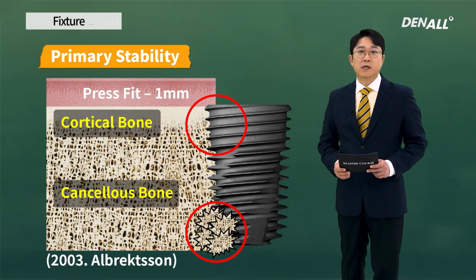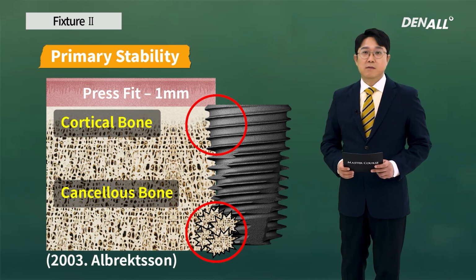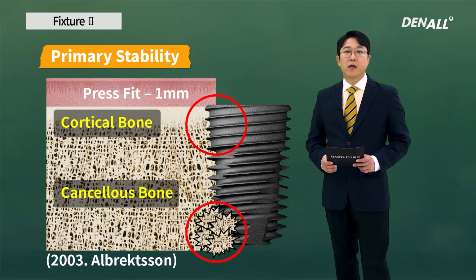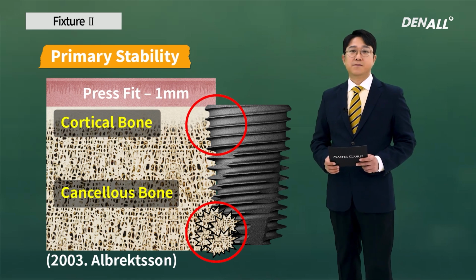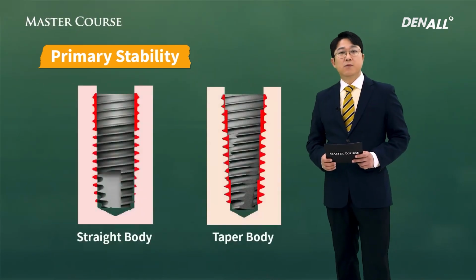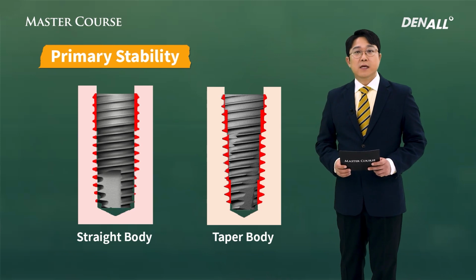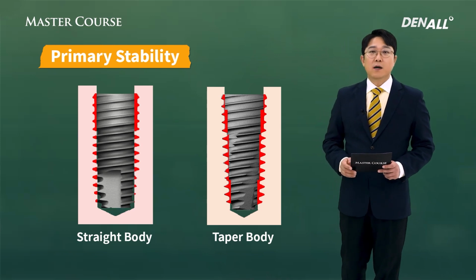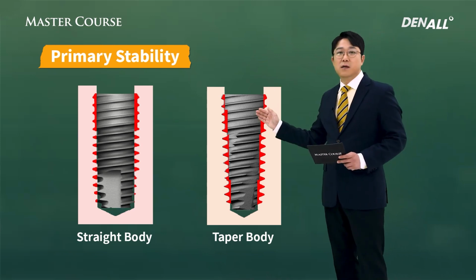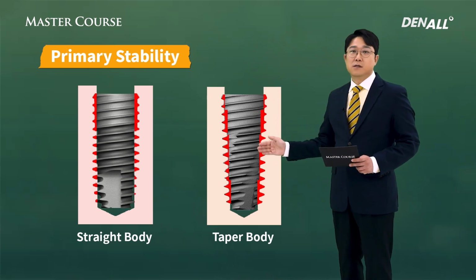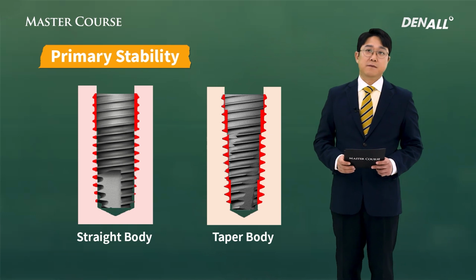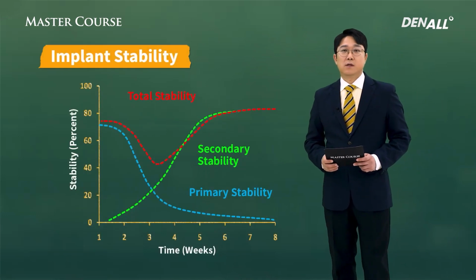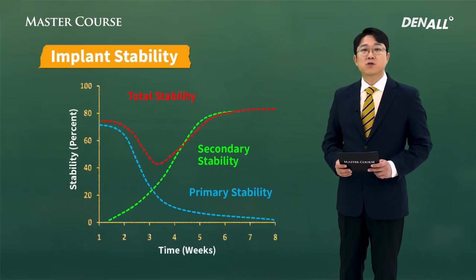Lau et al. in 2012 said the primary stability is achieved due to the mechanical engagement of the cortical bone. In summary, the primary stability can be achieved to make the implant have more contact with the bone so that appropriate strong fixation can be achieved. We saw the implant healing curves.